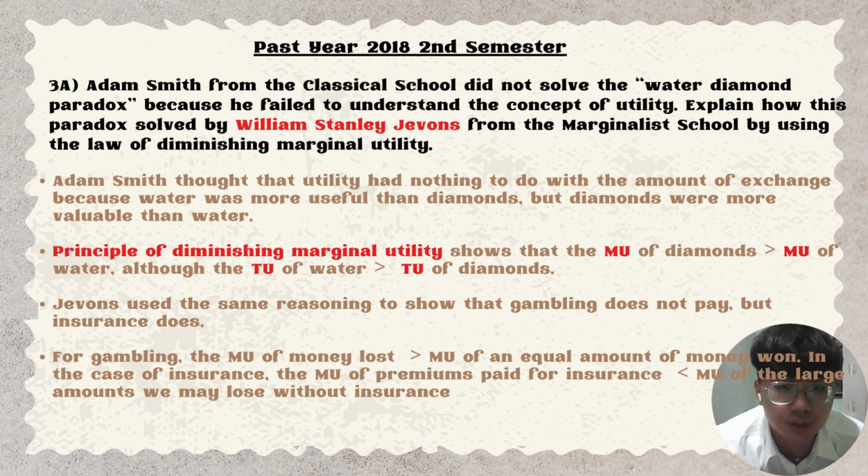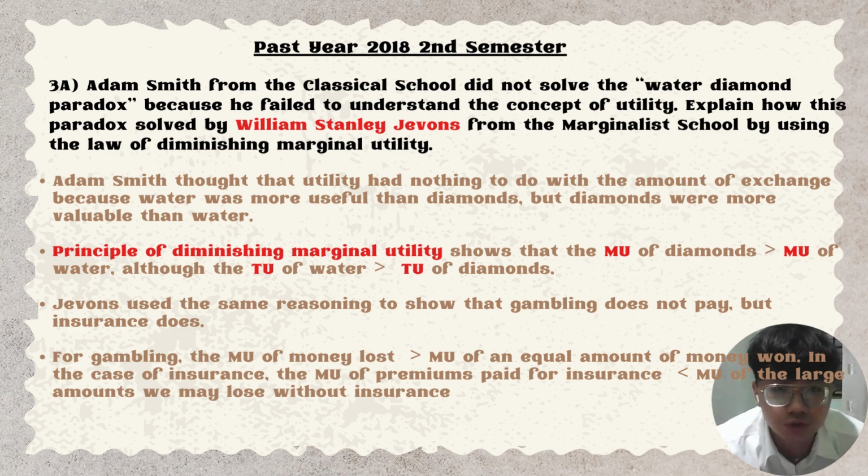So although the TU, total utility, of water is greater than the TU of diamonds, because water is much more useful, the additional unit of diamond gives much greater utility than water. So the MU of diamond is greater than the MU of water. In conclusion, one is much more valuable, one is much more useful.